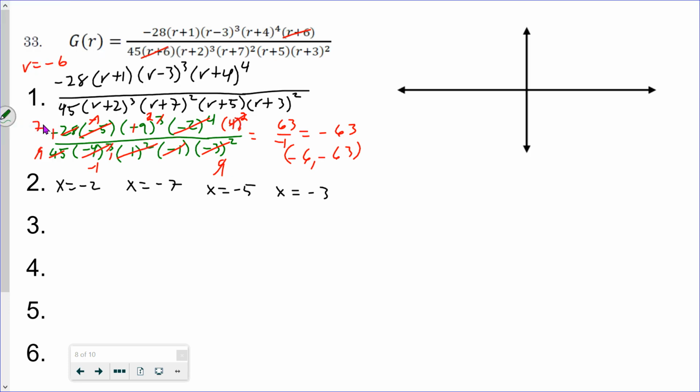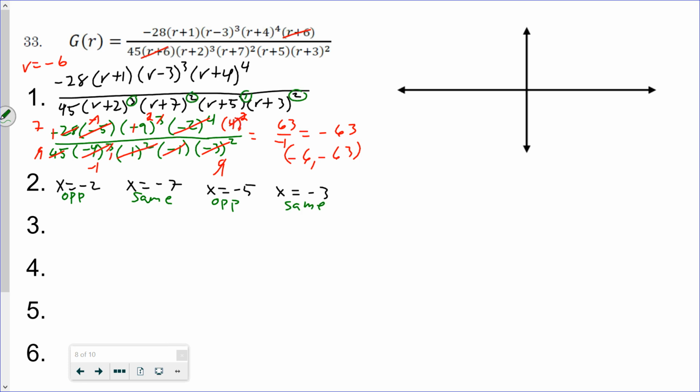And now you can figure out the behavior at all these asymptotes. So x equals -2 has an odd degree, so it's opposite. At -7, it's even. We go the same way. At x equals -5, it's raised to the 1st power, so it's opposite ways. At x plus 3 squared, or x equals -3, it's an even degree. We're going the same way.